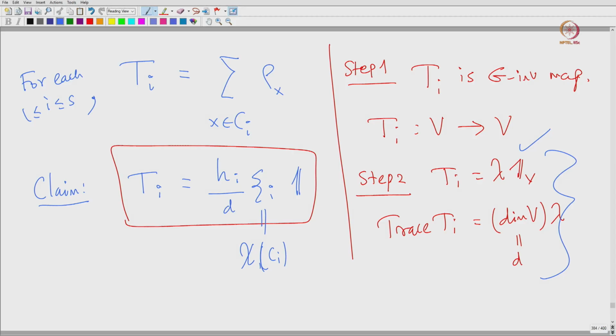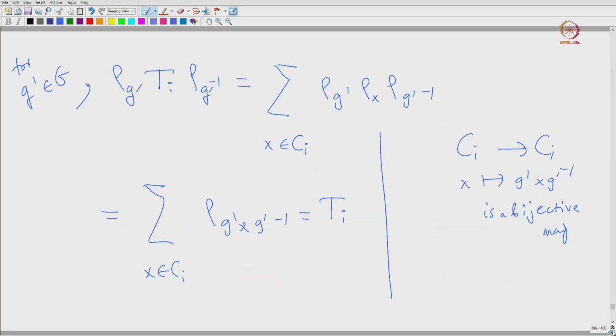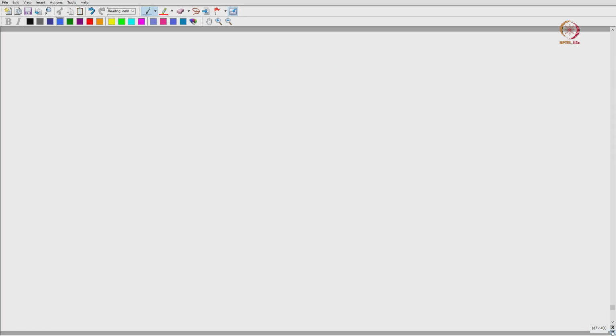So now what we will see is that the Ti indeed behave exactly like algebraic integers, which we have seen in the second lemma. So we will indeed prove that.